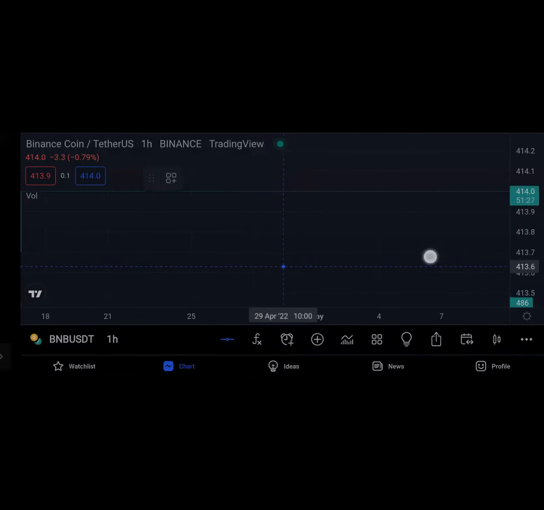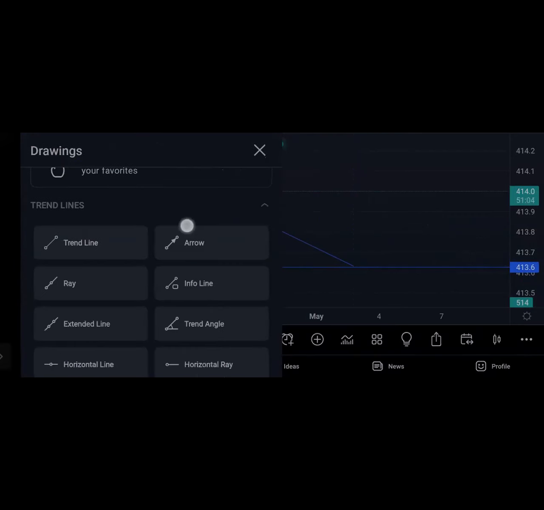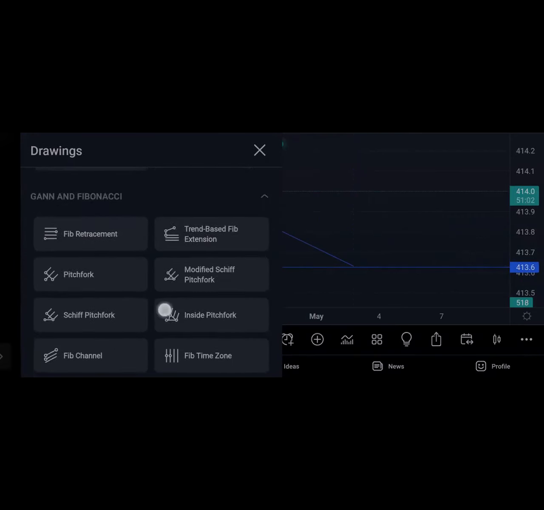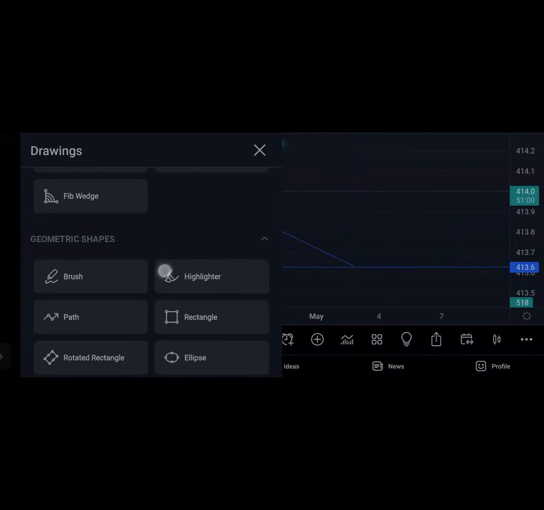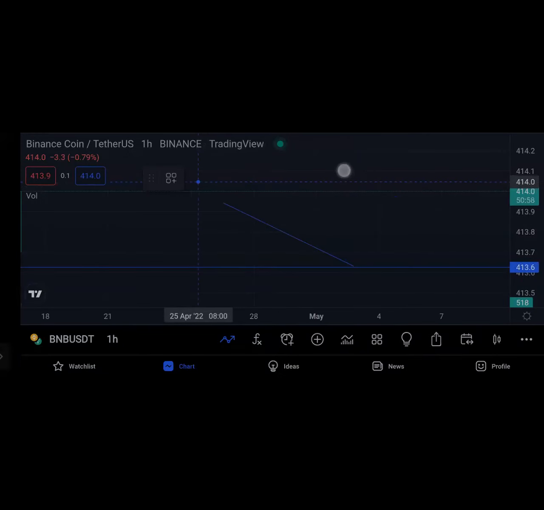The support will just be horizontal, while the resistance is downward sloping. So it means that when you connect 2 highs and 2 lows, the structure should be like what we just drew, like this kind of triangle. So you expect the market to range within this kind of structure, like this.